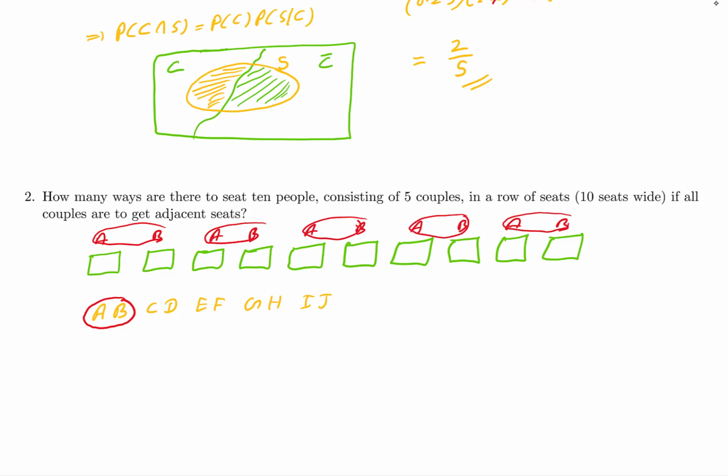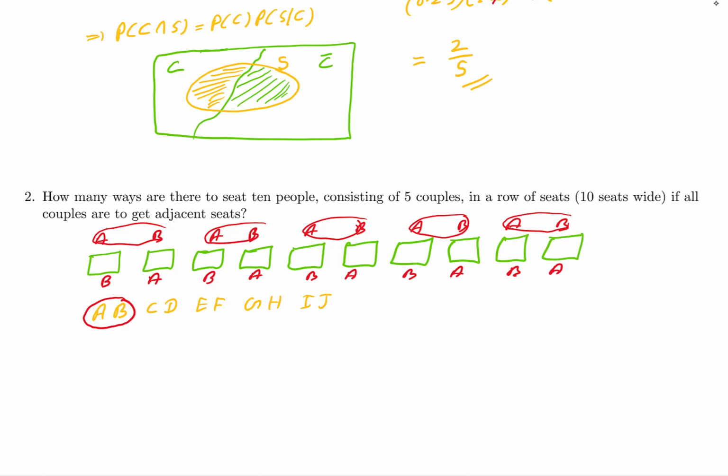Okay. You think that is the only way they can sit? No, actually. Because you see, first A, then B, but this one, BA. That is also a choice, right? And BA, BA, BA, BA. You see that? Now, how many ways?